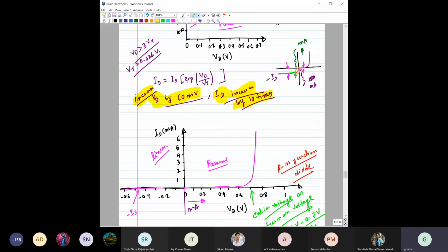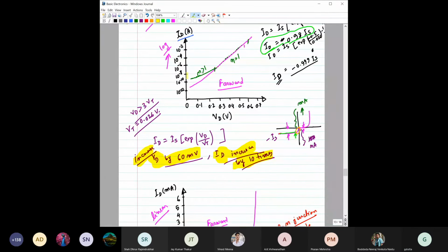Delta VD means suppose earlier the VD was 1 volt and now I have made it 1 volt plus 60 millivolt. Yes, sir, so it is delta VD, the change in VD. It also depends on VD, right?